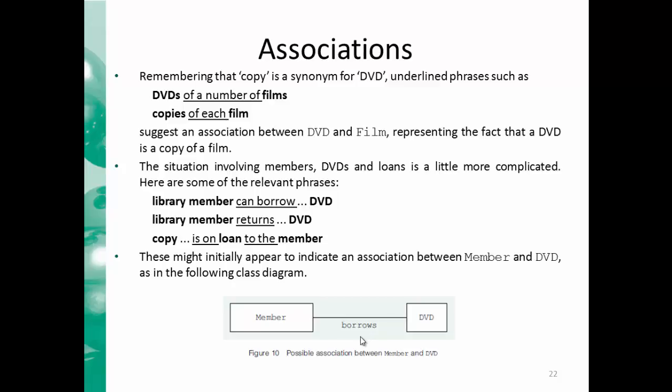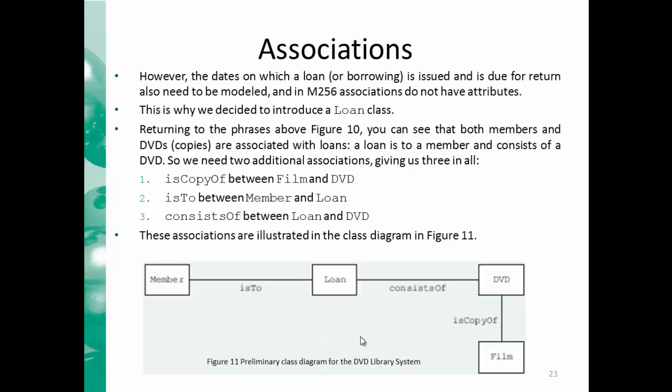So borrows is the association between the class member and the class DVD, and at the implementation level you find one member may borrow more than one DVD. More associations are identified in our system, and you find all our 4 classes member, loan, DVD, film are connected now, and a well-named association is used to connect them.